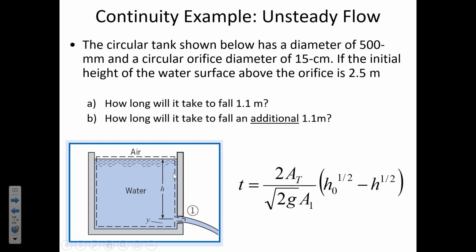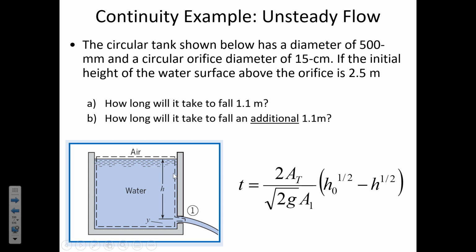Our initial case is we've got this tank. Here's our orifice, and the diameter of the orifice is known to be 15 centimeters, and the tank diameter is 500 millimeters, and it's circular.